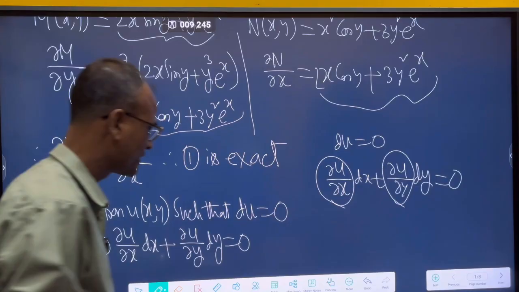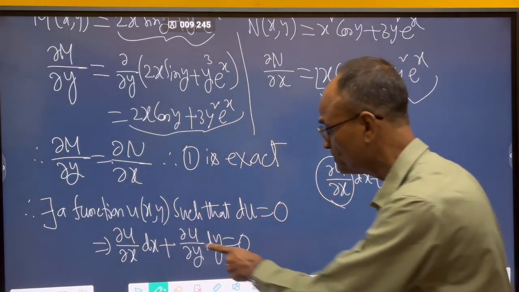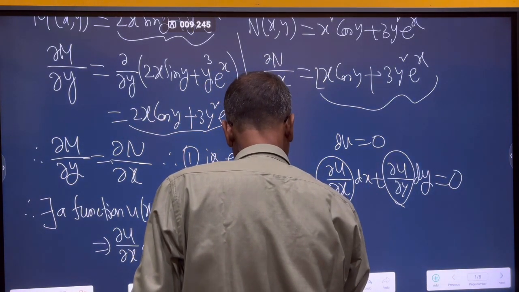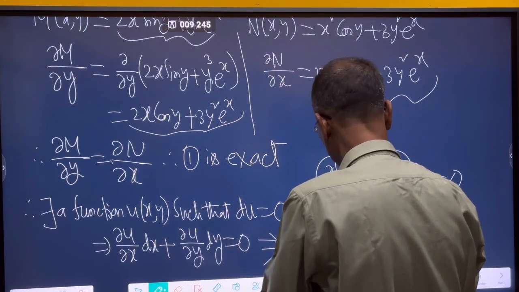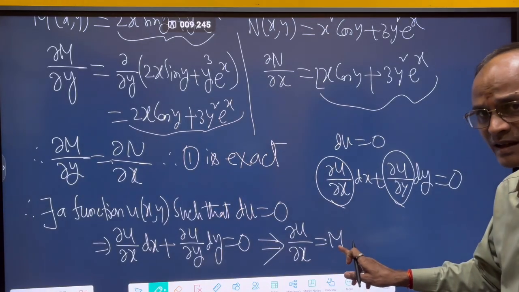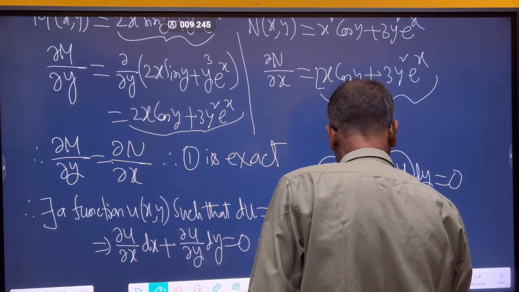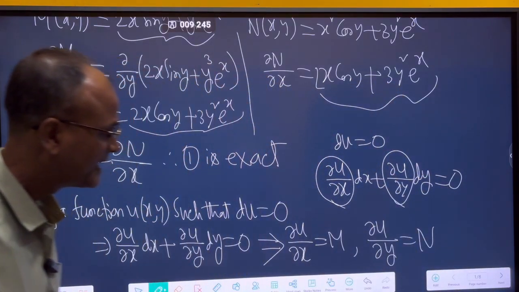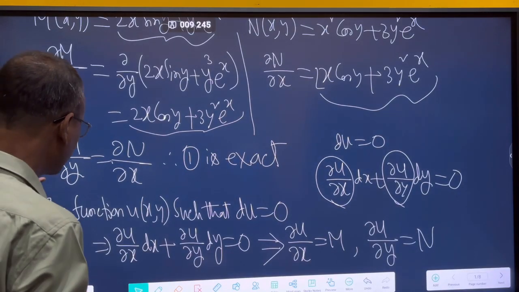This clearly indicates that del u by del x equal to M, and M means M(x,y), a function of x and y, we will simply write M. Del u by del y is equal to N. We will get this one.